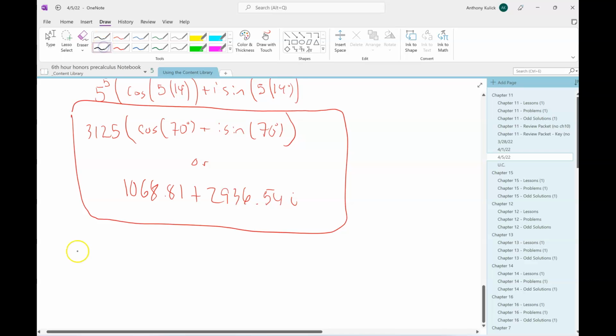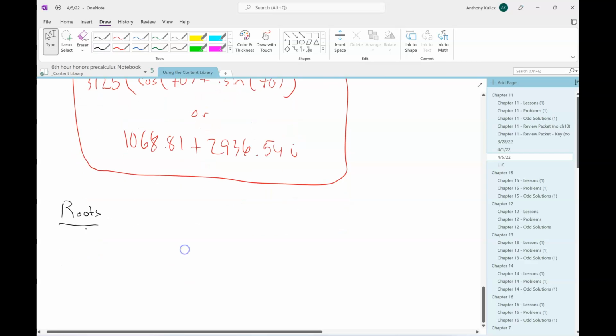All right, let's talk about roots then. So again, let's say we have some complex number z that's in trigonometric form, and we want to do, say, the nth root of z.